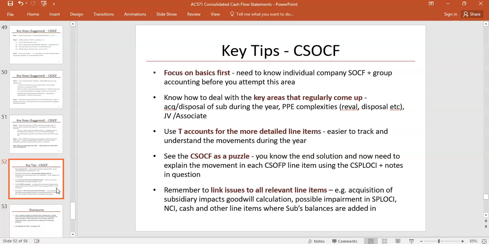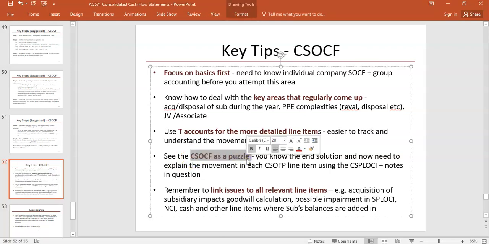Know the key headings, know how to approach it, and then practice using T accounts, particularly for the harder items. And see the consolidated statement of cash flows as a puzzle. You know what you're working towards, you know the end solution, and you know all the items that are trying to help you to solve that puzzle. So it's just about practice. The more questions you practice here, the more similarities you will spot in each of the consolidated questions.